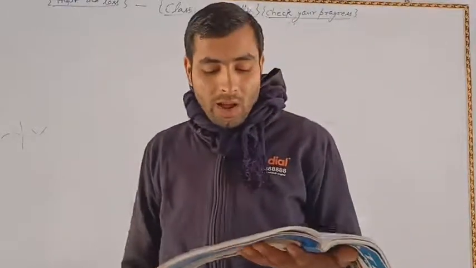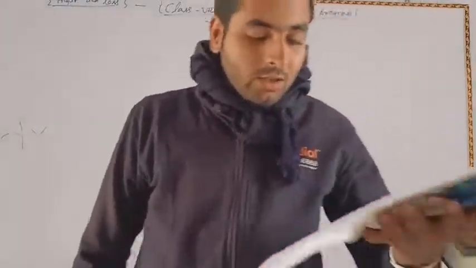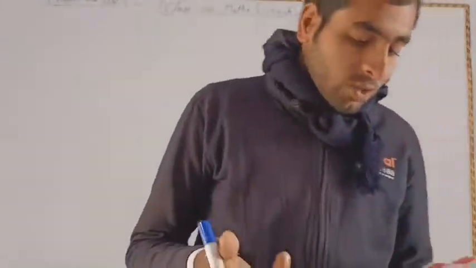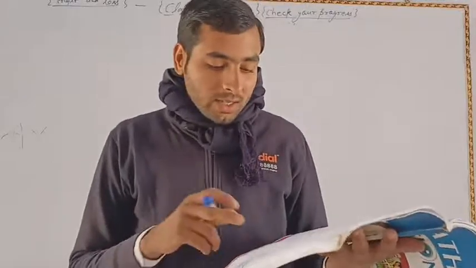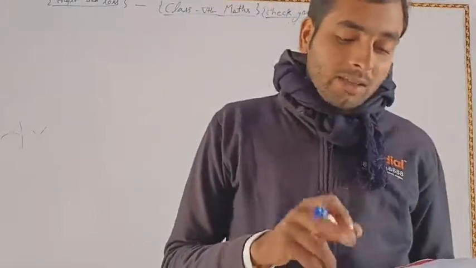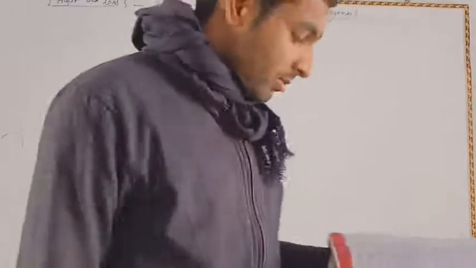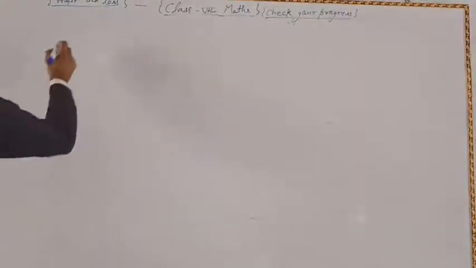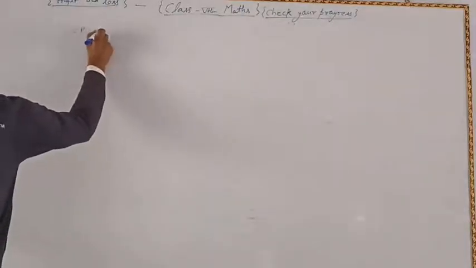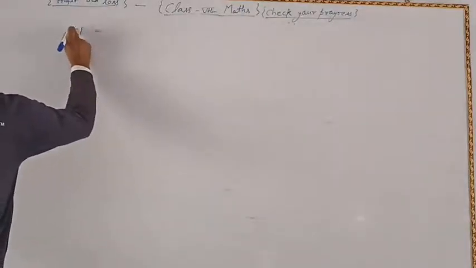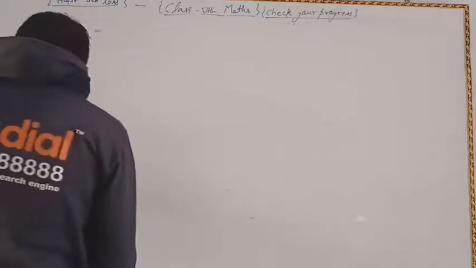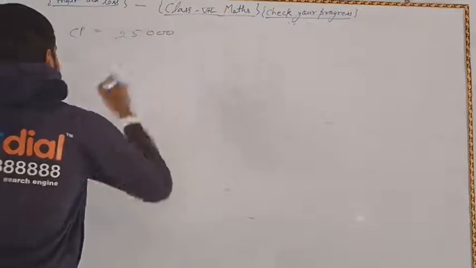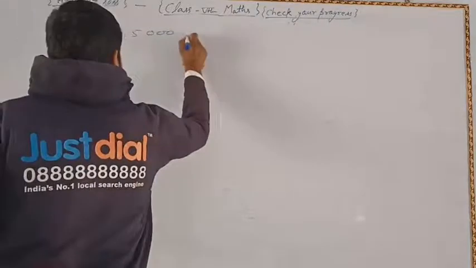So here first of all you are given that the cost price is 25,000, but here also Resma spent 1,600 per month on the horse. Okay. So first of all, CP is equal to 25,000 rupees.